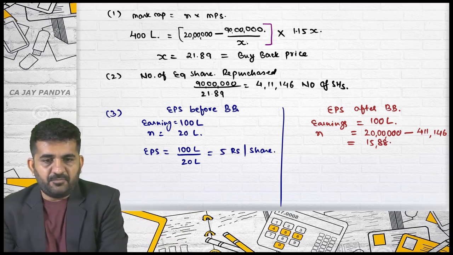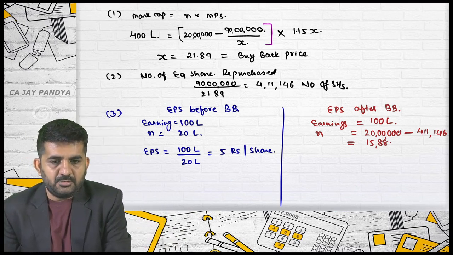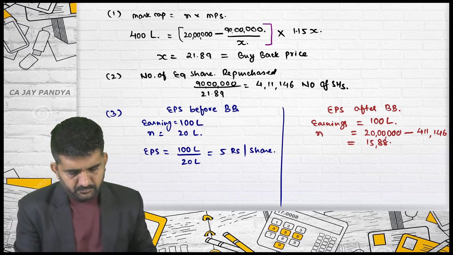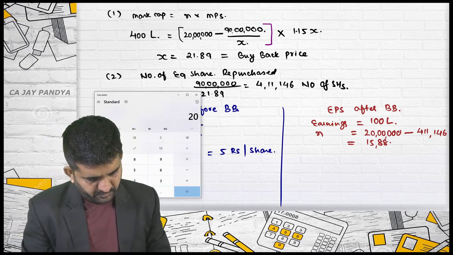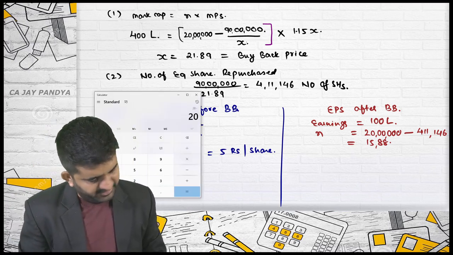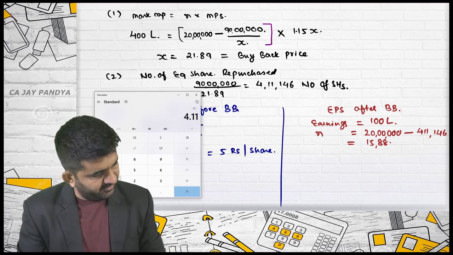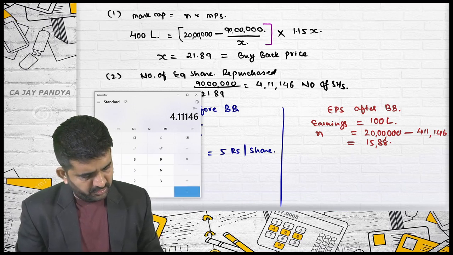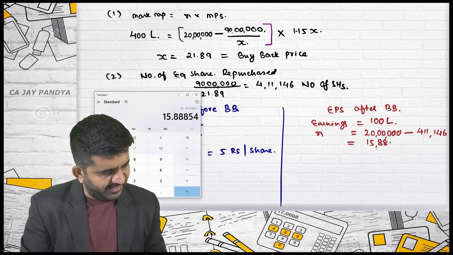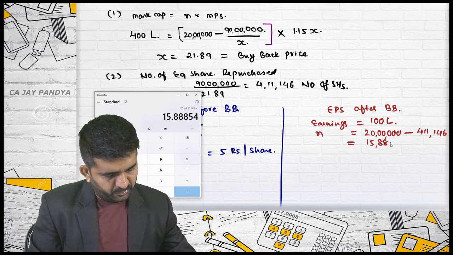Let me do it again. 20 lakhs minus 4,11,146 is 15,88,854.